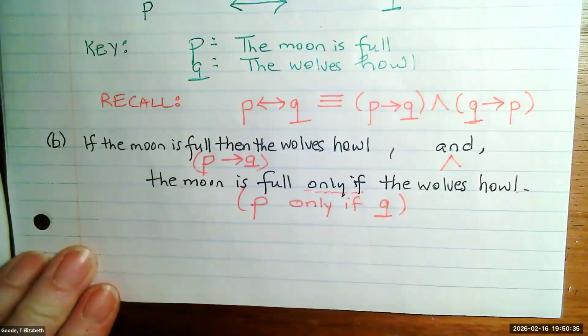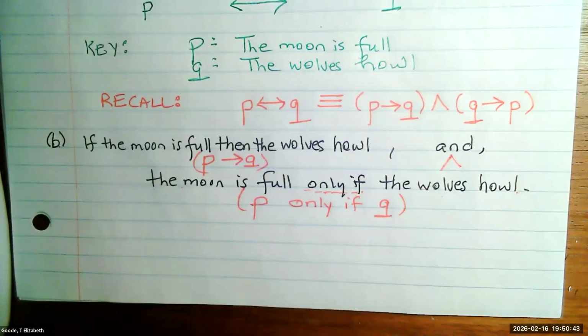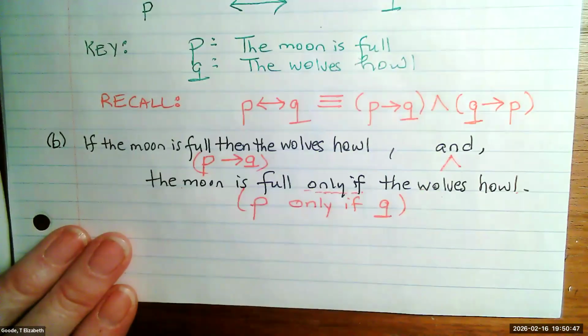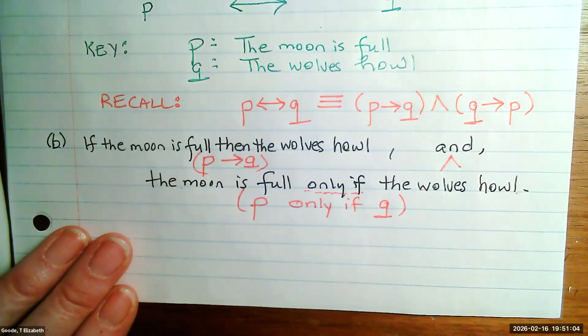No, you have to learn this because this is ordinary English that we're trying to learn. But you can learn it. Look, all of these are different ways to say if P then Q, okay?